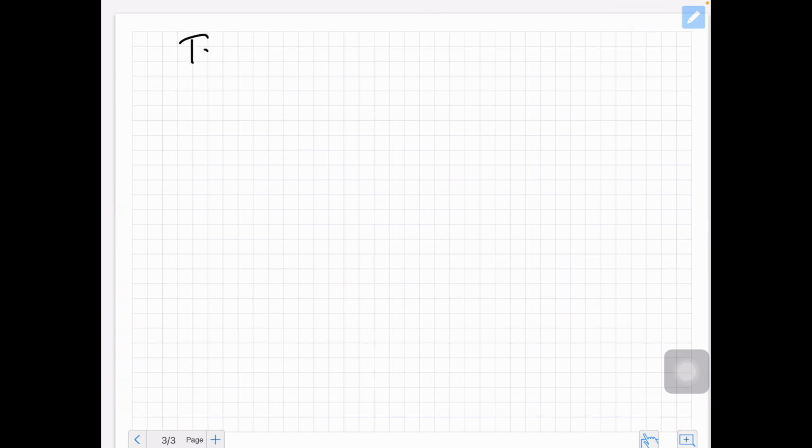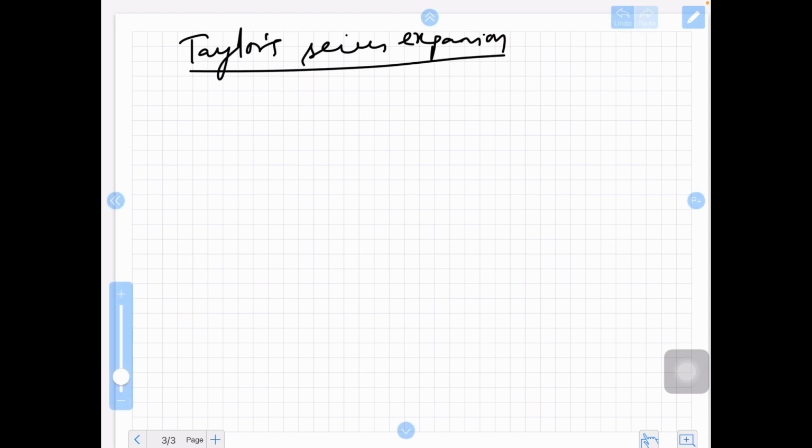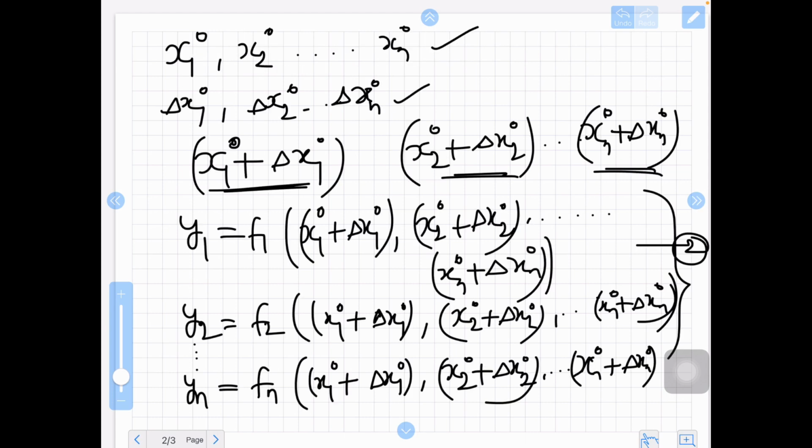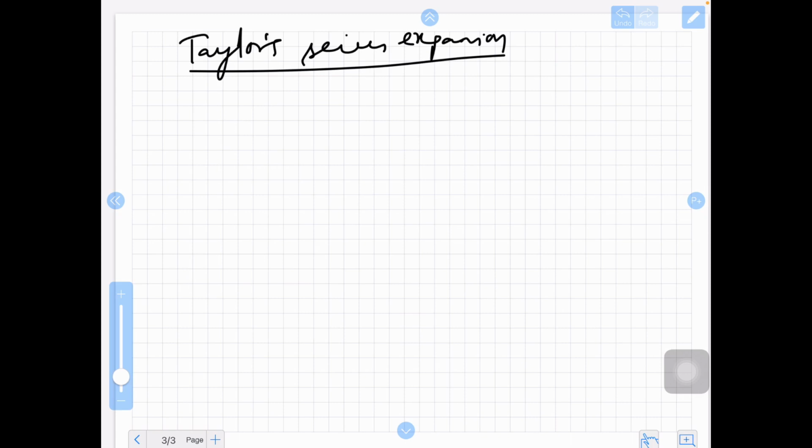Using the Taylor series expansion, we will modify equation 2. So this equation 2 is there, no? We will modify this.